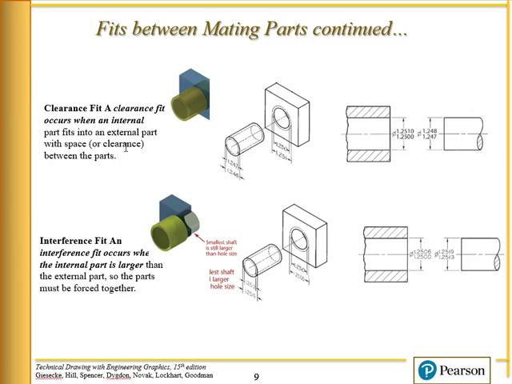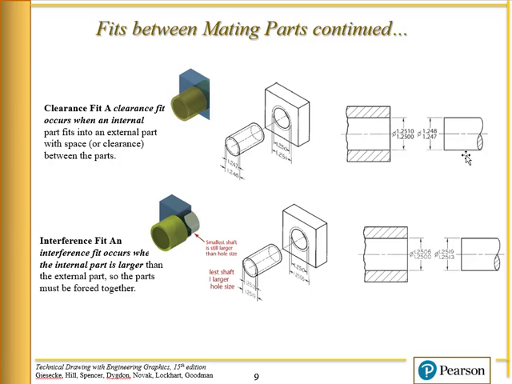Now if we compare that to an interference fit, this means in all cases the hole is actually smaller than the shaft. So the parts have to be forced together. This is called an interference fit. If we take the hole and subtract from it the shaft and we get a negative number, that is an interference fit.